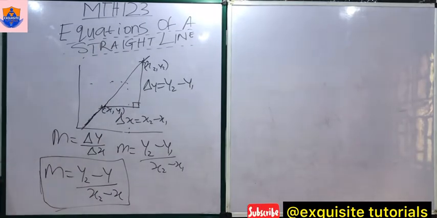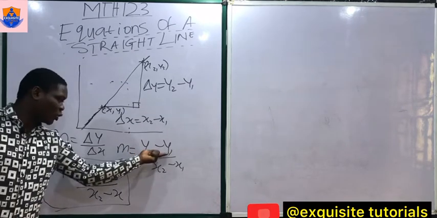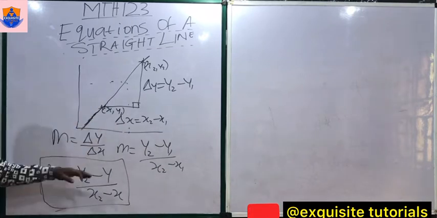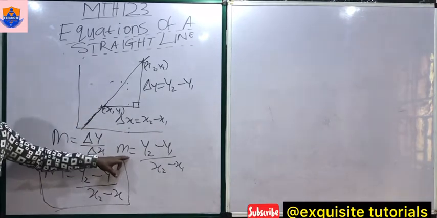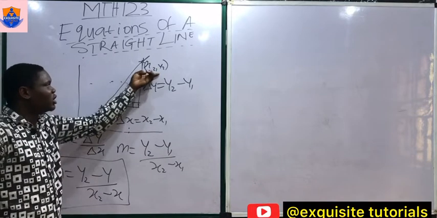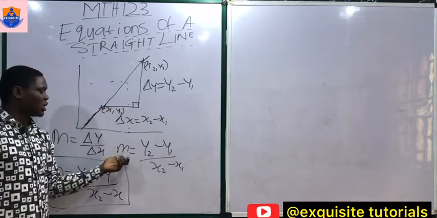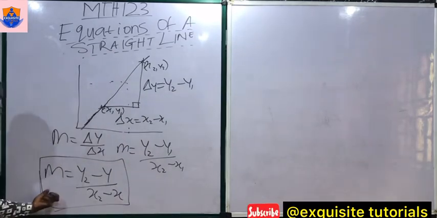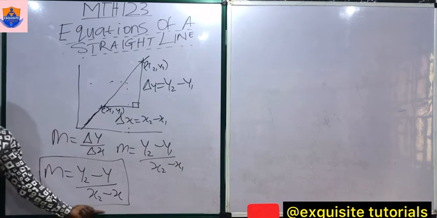So the second equation of the line, since we know that m is normally y2 minus y1 all over x2 minus x1. Now if we're not given the gradient of this straight line, but they now gave us two coordinates, from these two coordinates, we can get the gradient, which is this. Now, if we get the gradient, we can now equate it back to this to get the equation of the line.